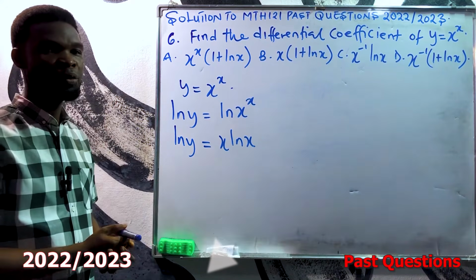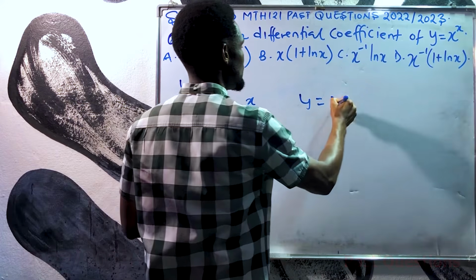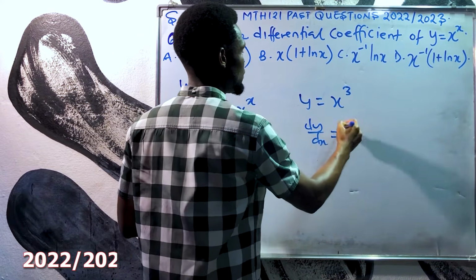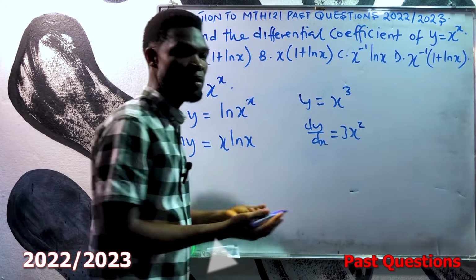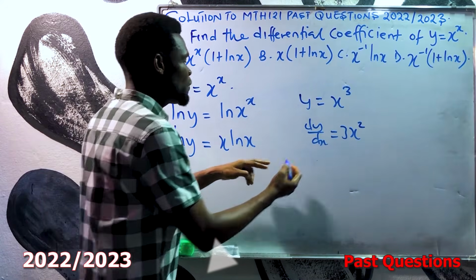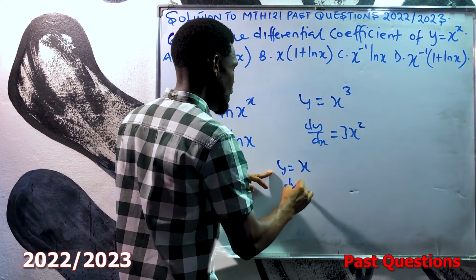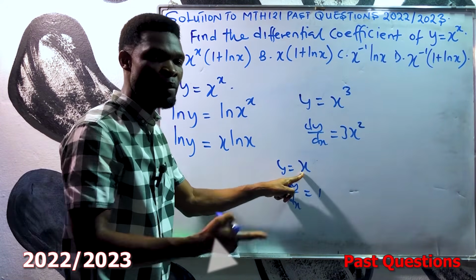From here, we can now go ahead to differentiate. Know that if y equals x cubed, then dy dx equals 3 times 1 is 3, then x raised to power 3 minus 1 is 2. We already know how to differentiate. But if y equals x, dy over dx is simply 1. The derivative of a variable is 1.